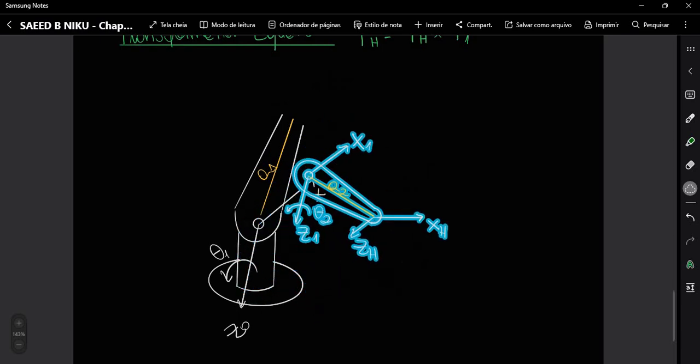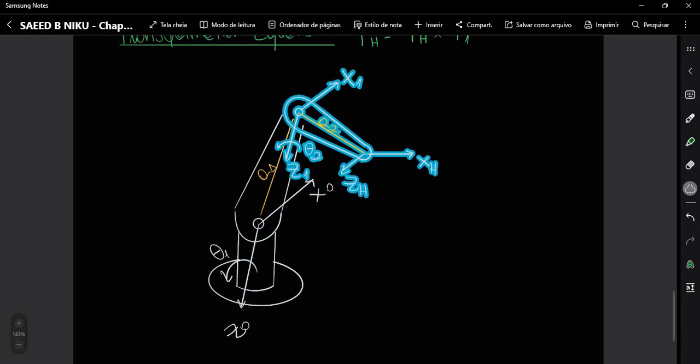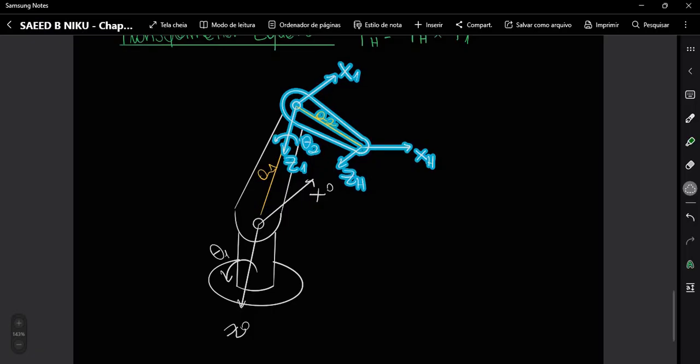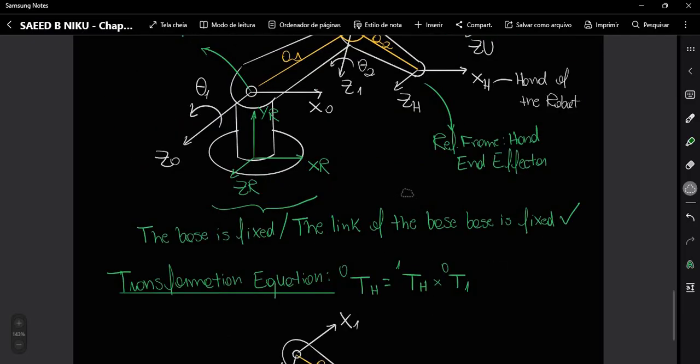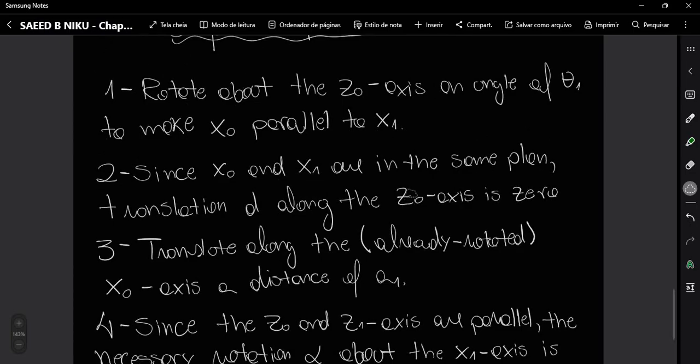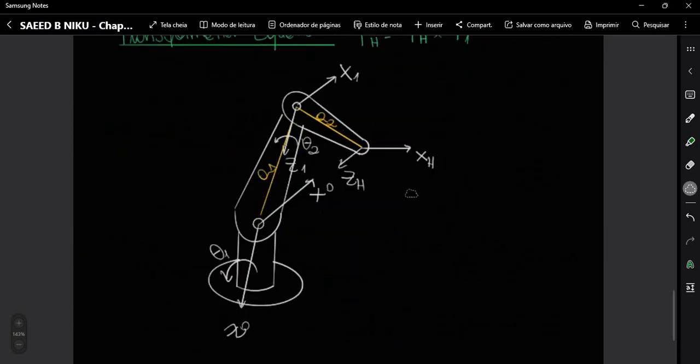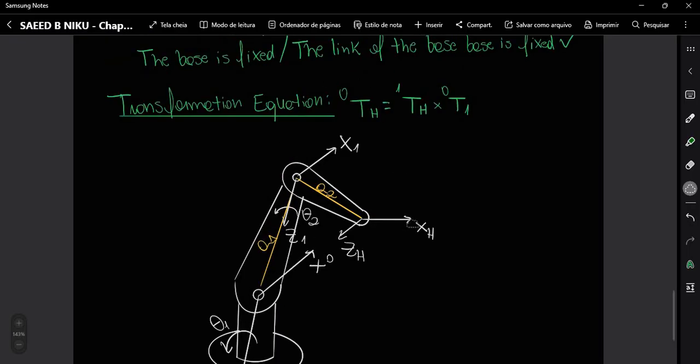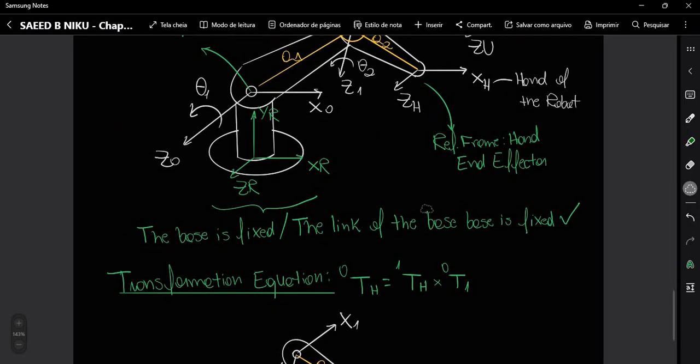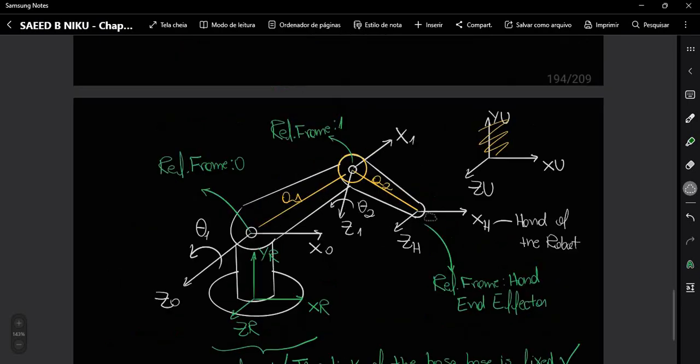As you can see now, they are in parallel. Okay. And let's also already work on its matrix.